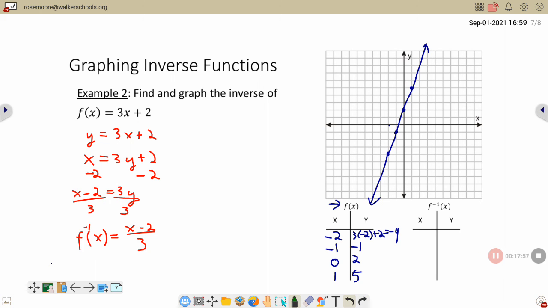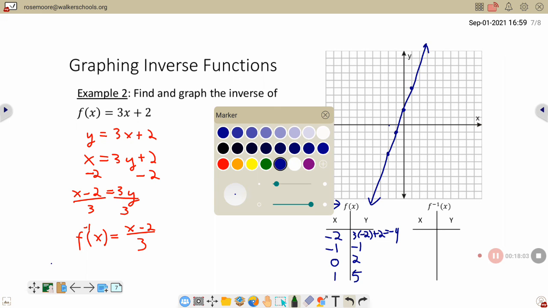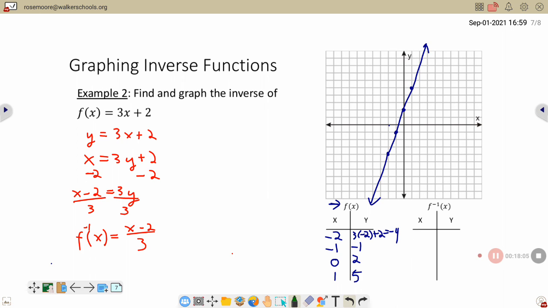Now, my inverse function, I could work through a lot of effort, or I could just swap it. You can check me if I'm wrong, but if I make my input -4 from right here, I will get out my -2 I put in. So I'm basically just reversing my previous t-table, which makes life a little easier.